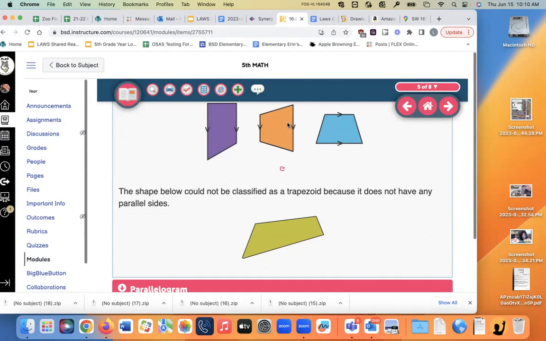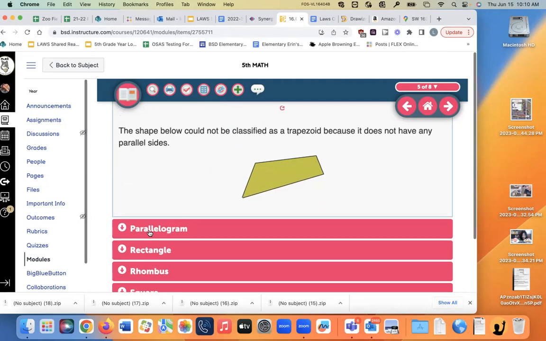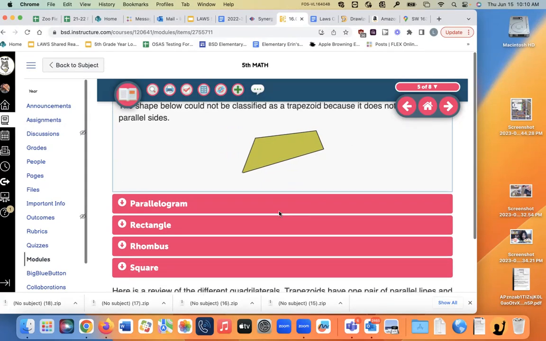So these little arrows show that the sides are exactly parallel. Those lines, if they continued, would never meet. This one doesn't have any parallel sides, so it's not a trapezoid. Interesting, but it is a quadrilateral, but not a trapezoid. I did not know that, because if you continued this line and this line, they would eventually cross.